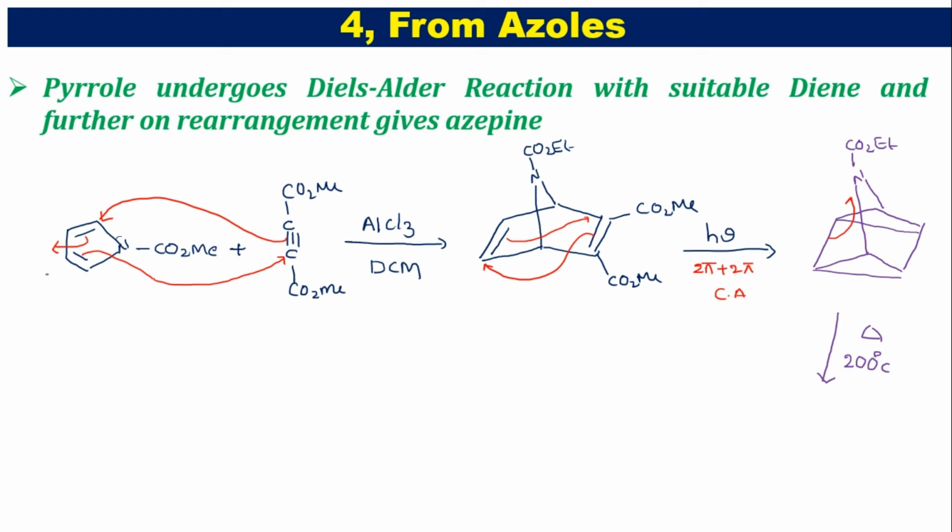Then I am going to shift this bond to here, this bond to here. First I shifted this bond here in between two carbons, then immediately the adjacent carbon bond, this bond, so this carbon bond shifted here. Meanwhile you shift this bond to here.